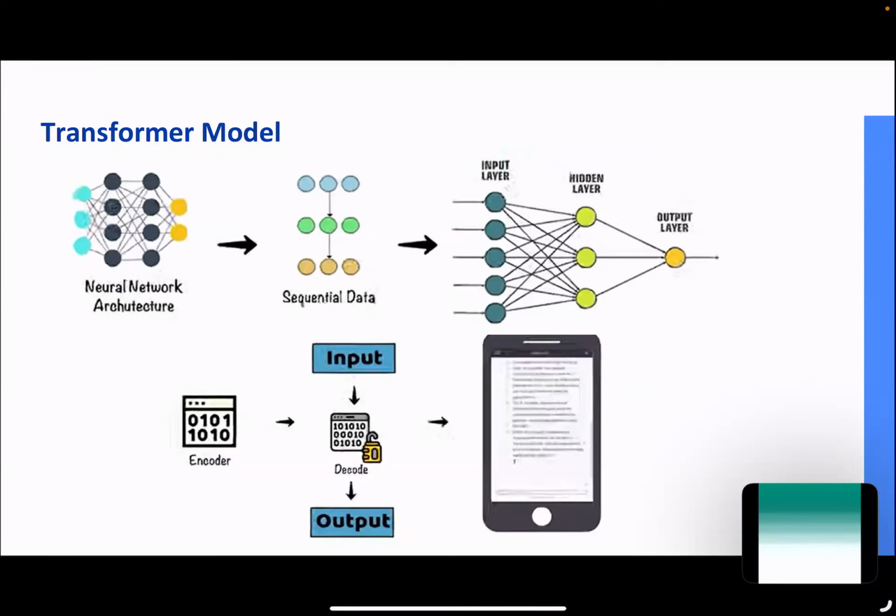In simple words, it maps words in the sentences, defines relationships between them, and then converts them into a numerical form. This numerical form is then given to the decoder, and the decoder will give us output, which will be our response to our prompt.